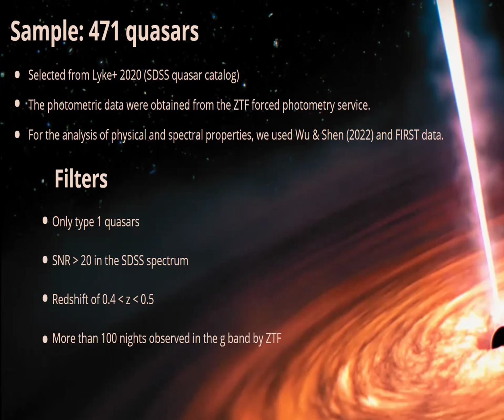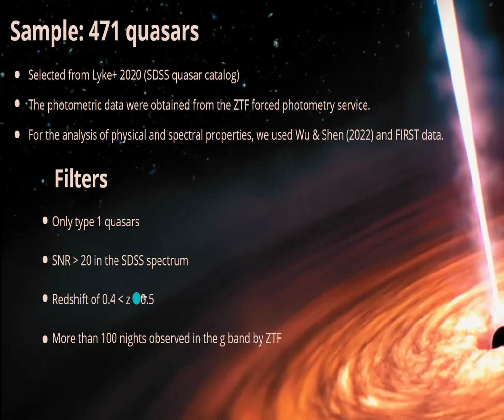To build a reliable sample for our analysis, we applied some filters. First we selected only type 1 quasars because we need to see the broad line region to select if they have double peaks or not. We have also selected only objects with good spectral quality data with signal to noise ratio greater than 20. And we chose this small redshift range to try to reduce the bias caused by a large redshift range.